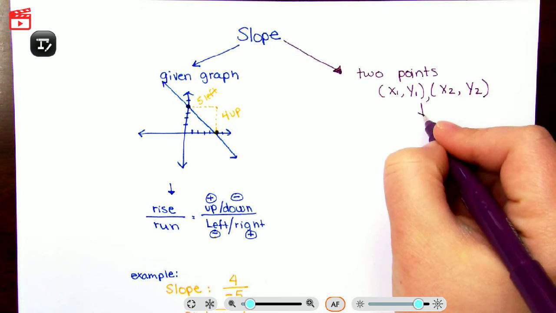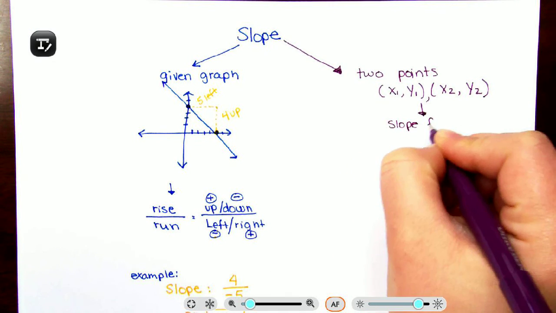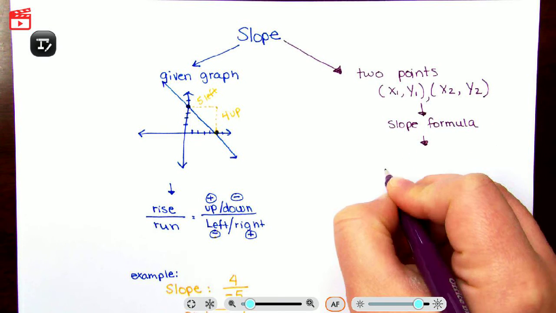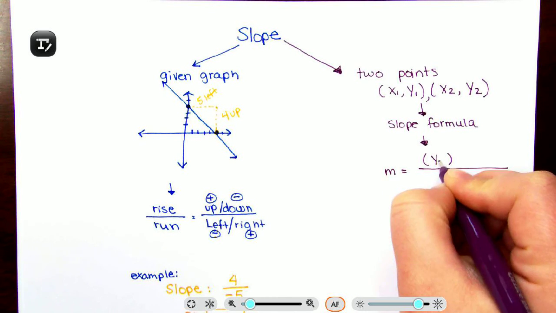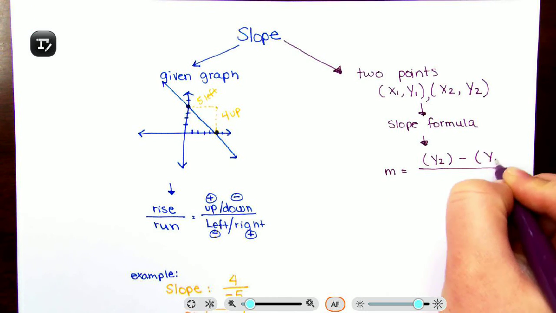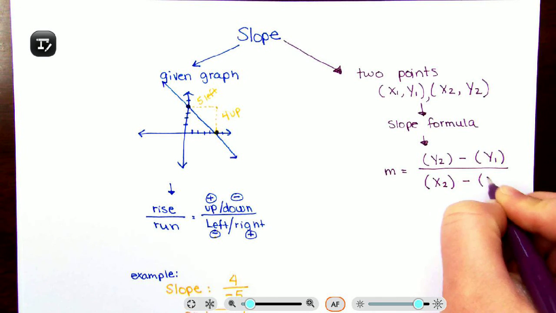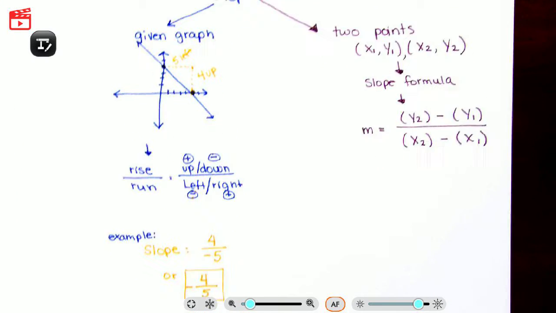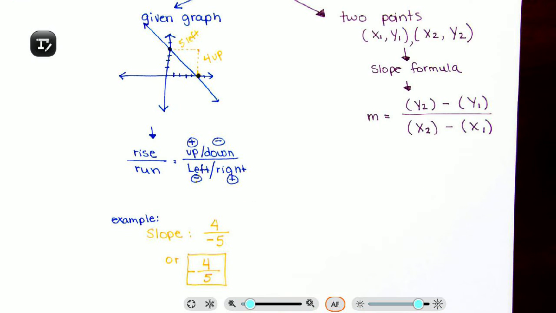You need to use what we call the slope formula. The slope formula is lowercase m, which is equal to y2 minus y1 all over x2 minus x1. Okay. Once you have your formula, you can then take your 2 points that are given and identify your slope, or find the slope.